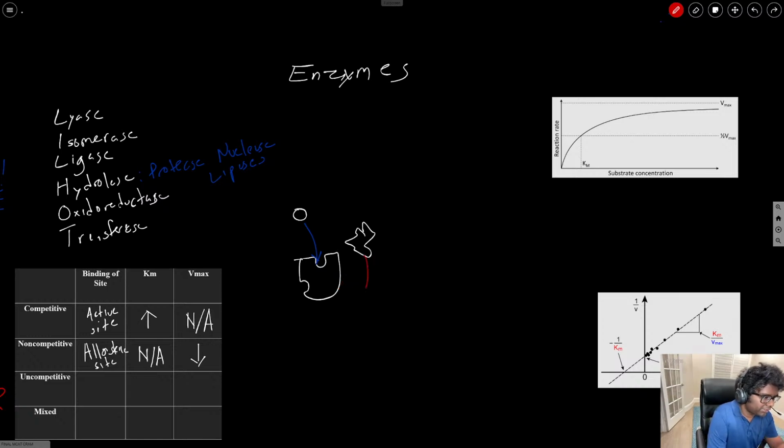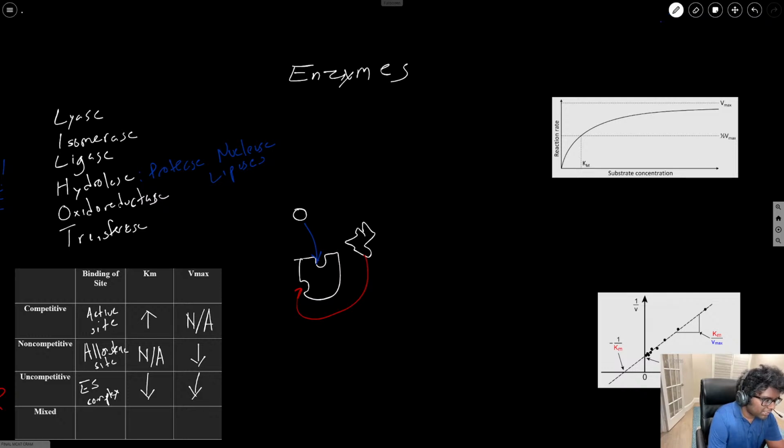It could bind to the allosteric site, so it binds there. Both are present, and it changes it structurally and functionally. So when you bind to the ES complex, the enzyme-substrate complex, you'll be decreasing both Km and Vmax.